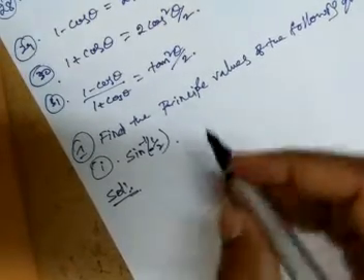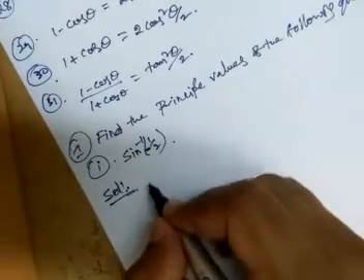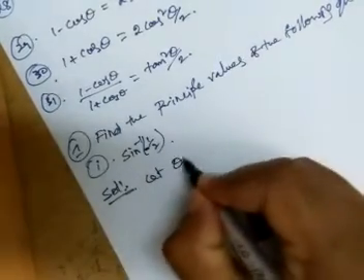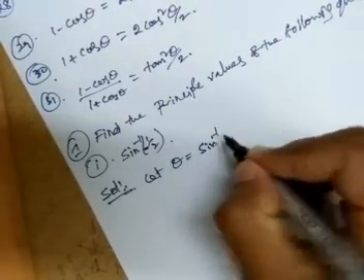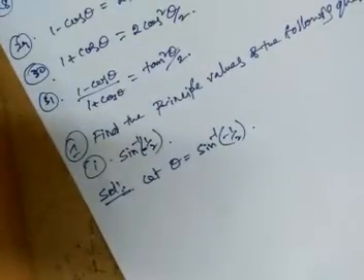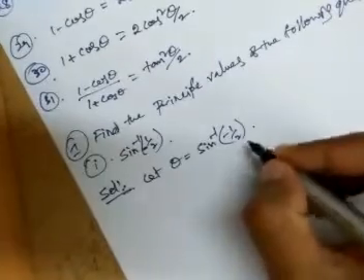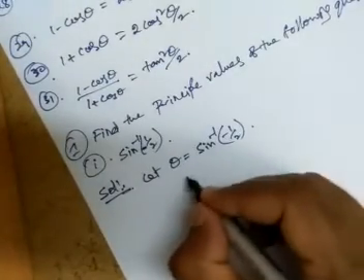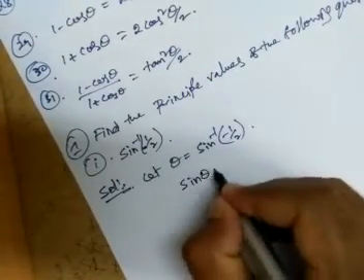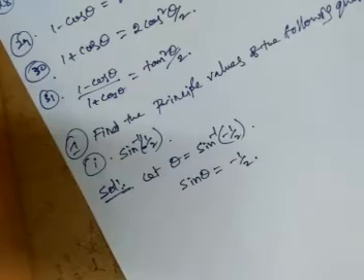First of all, let us assume the given trigonometric function is theta. Let theta equal sine inverse of minus 1 by 2. Then sine theta equals minus 1 by 2.